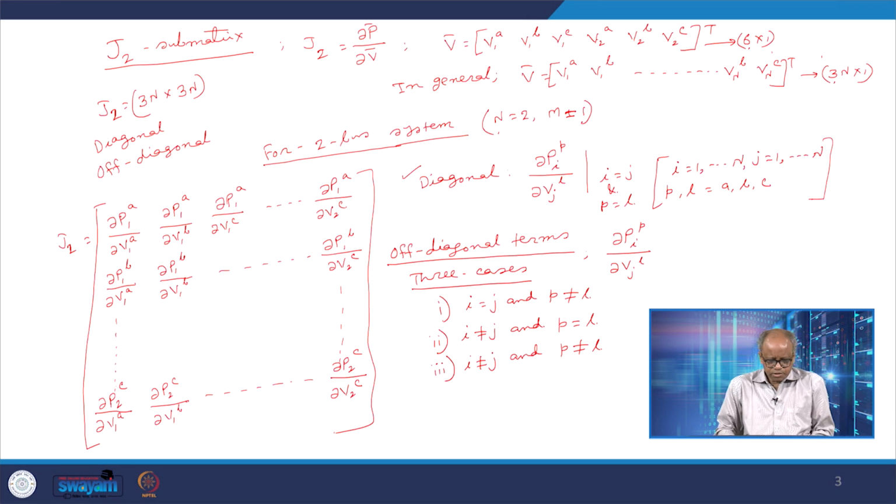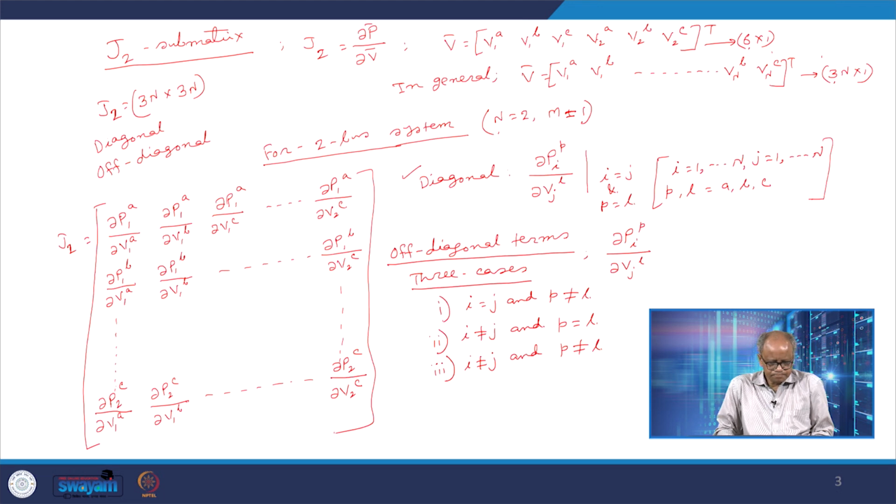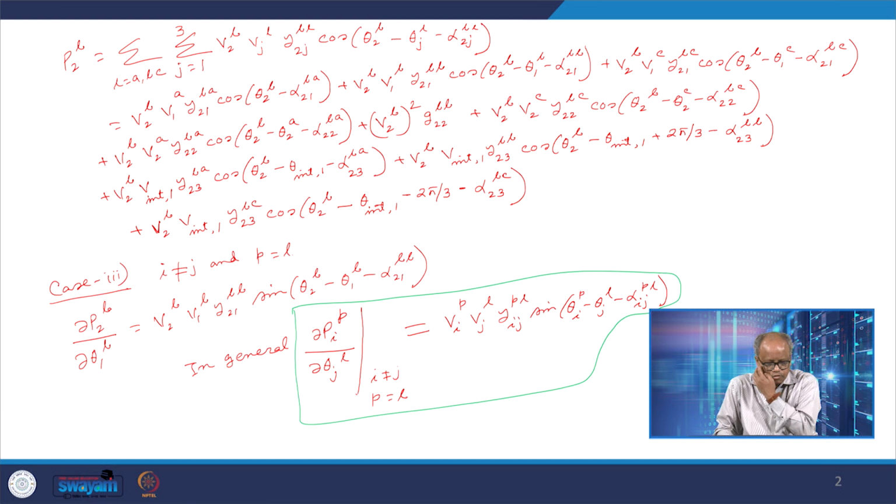So, again in this expression let us see, we are doing by del V1C. So, how many terms are there containing V1C? Only one term. You see, this is V1A, V1B, V1C, all the other terms, no other term has got V1C, only this term has got.